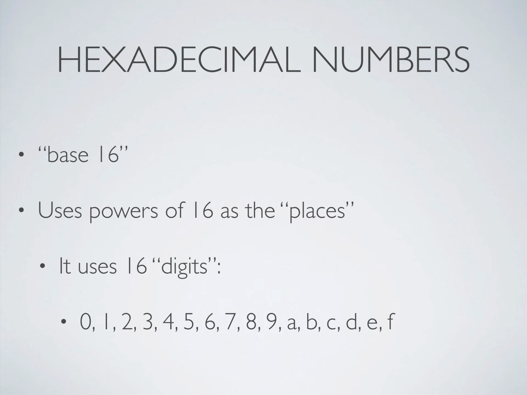So the standard to represent the decimal number 10 in hexadecimal is to use A. So A here is the next digit, B is the next digit, C, D, E, F. So the decimal number 15 in hexadecimal is F, which again is kind of weird, right?